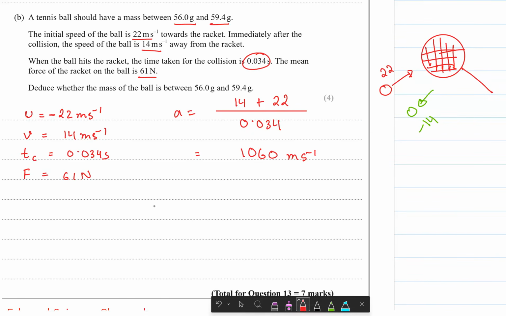Now we can use F equals mass times acceleration. So the mass is force over acceleration, 61 over 1060. So it should be about 0.0575 kilograms.